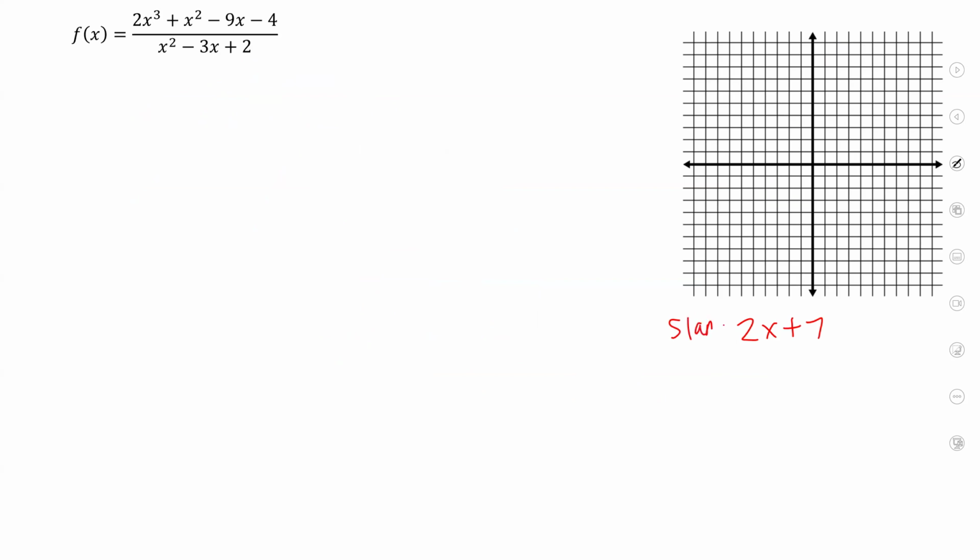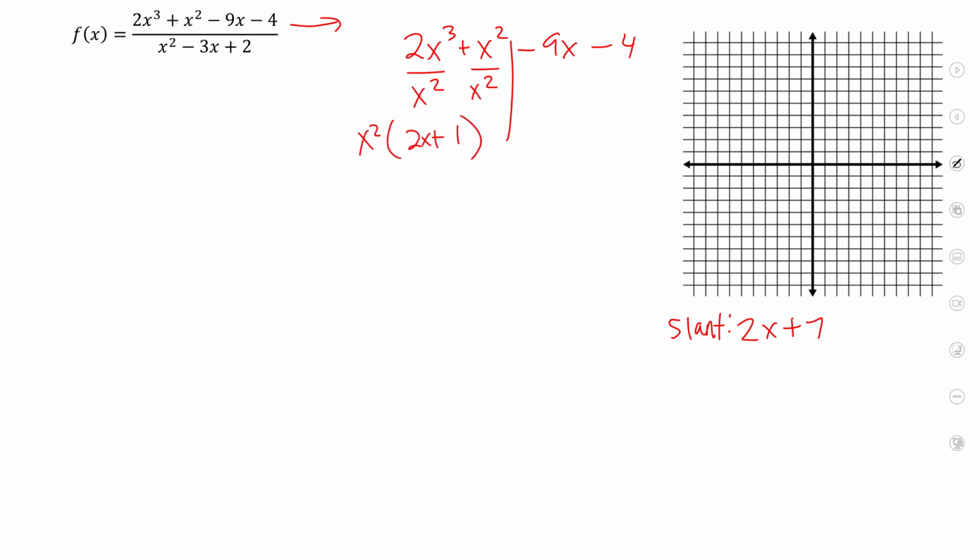Okay, if you wanted to factor all of this, for this one, you'll have to use grouping. So that's 2x cubed plus x squared minus 9x minus 4. Split it. You guys remember that? Okay, you would have to do grouping. But you guys won't have to do this. This is just a difficult one.